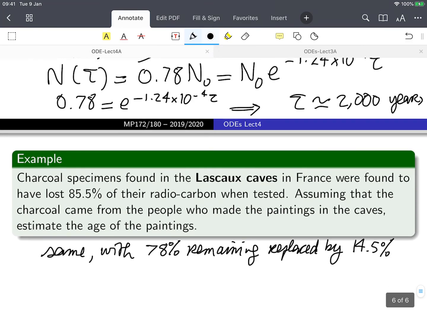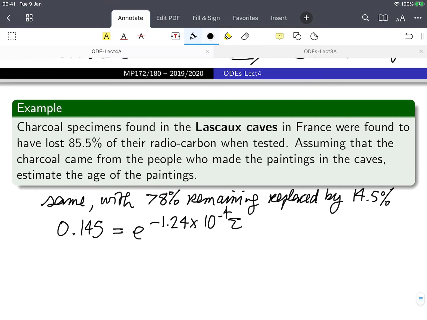So if I just redo the same as earlier, I'm going to write that 0.145 N0. So then I have log, then tau.